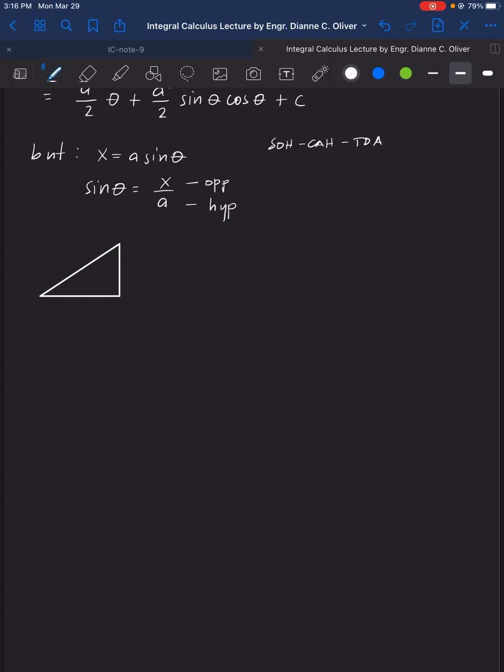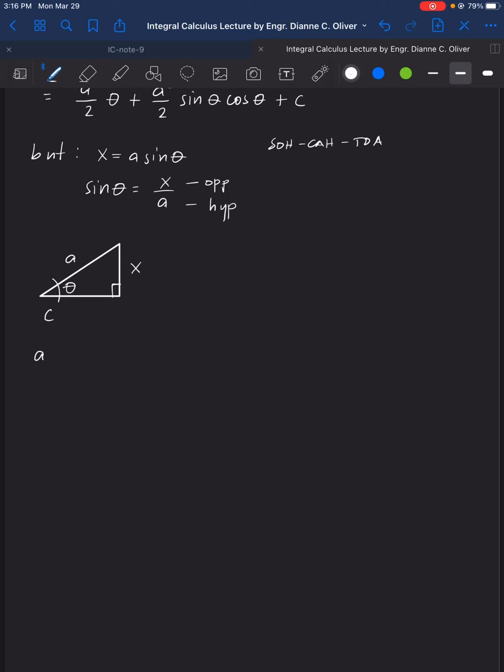Right triangle, if this is the angle theta, the opposite is x, the hypotenuse is a. Therefore, the adjacent, C, we can find using the Pythagorean theorem.